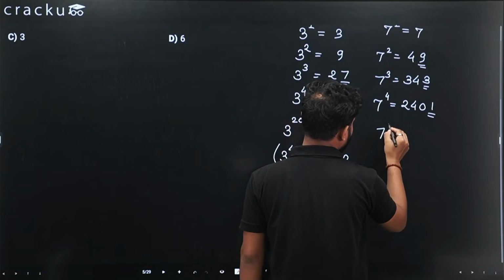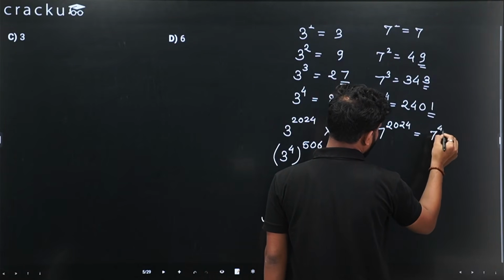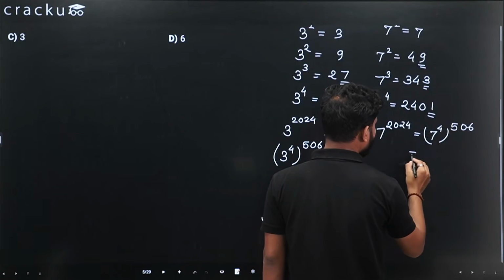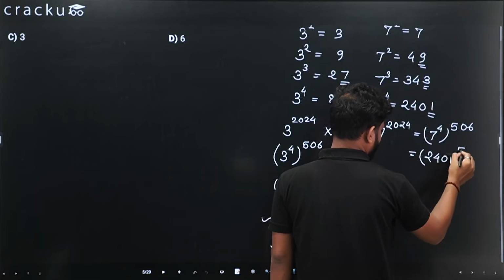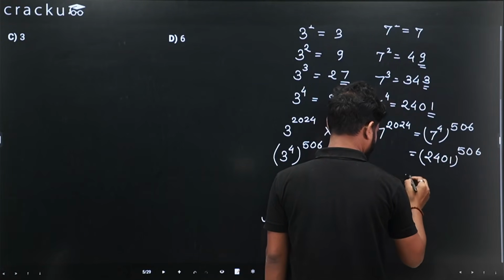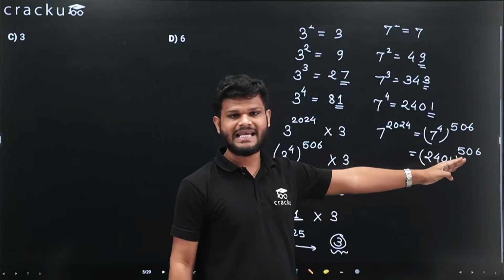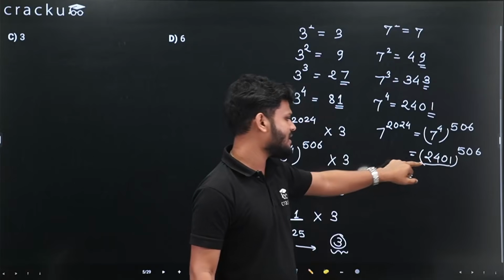Can I write 7 raised to 2024 as 7 raised to 4 raised to 506? 7 raised to 4 is nothing but 2401 raised to 506. If you keep multiplying 2401 506 times, the unit digit will still be 1, because the unit digit of this number is itself 1.